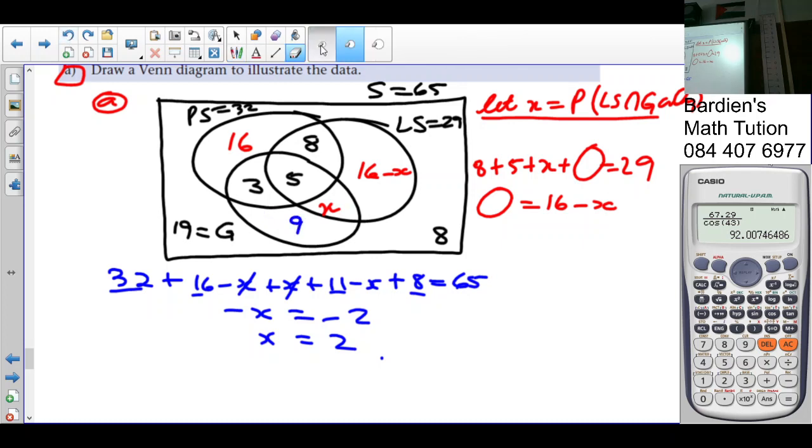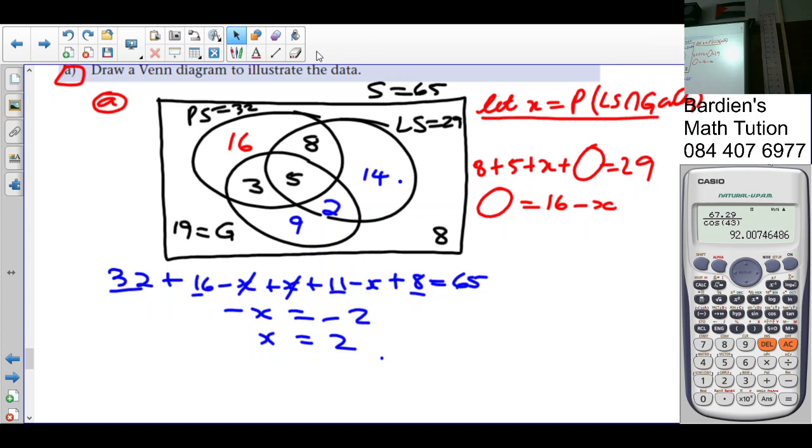Then this one here would be what? 2 only. And 16 minus 2? 14. Make sense?